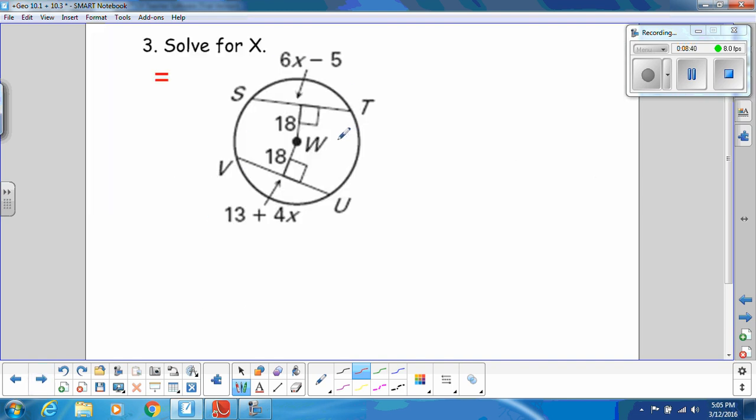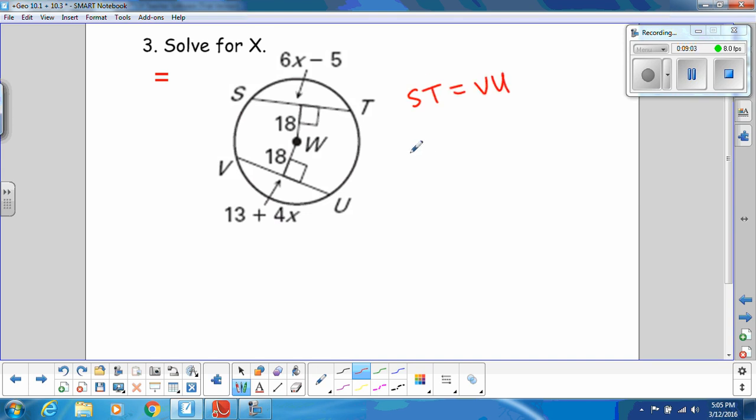So here's another example. We want to solve for x. It looks like, since there's no degree measure here, 6x minus 5 is referring to the segment length ST, and 13 plus 4x is VU. And since we see that those are both the same distance from the center, then we know that these two lengths have to be the same. So ST has to equal VU.